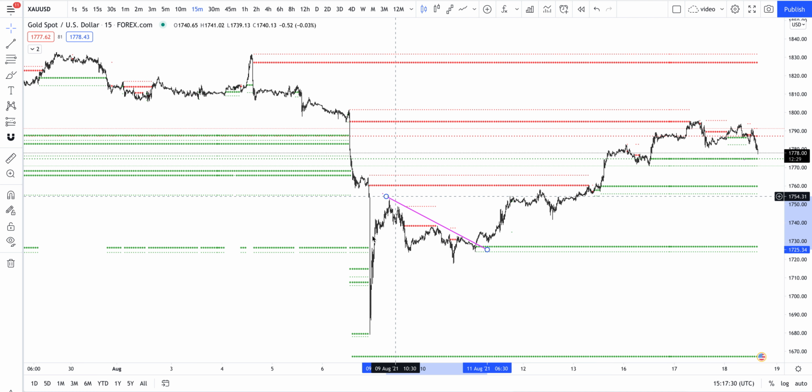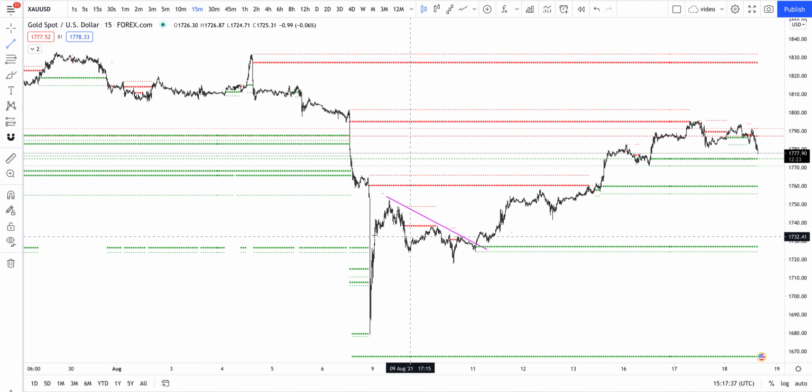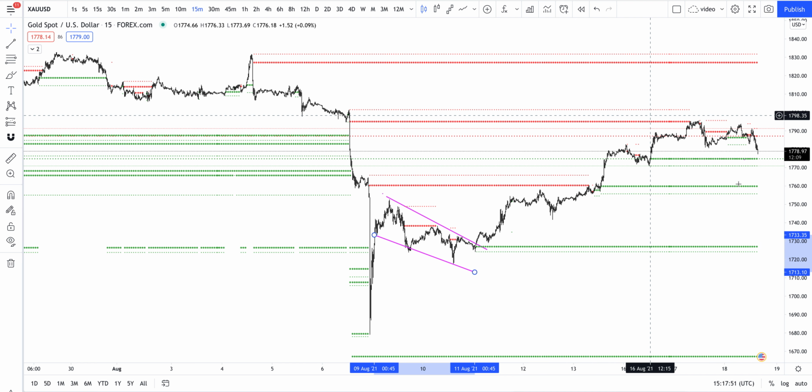So when this little flag is broken, price moves up towards the supply above.